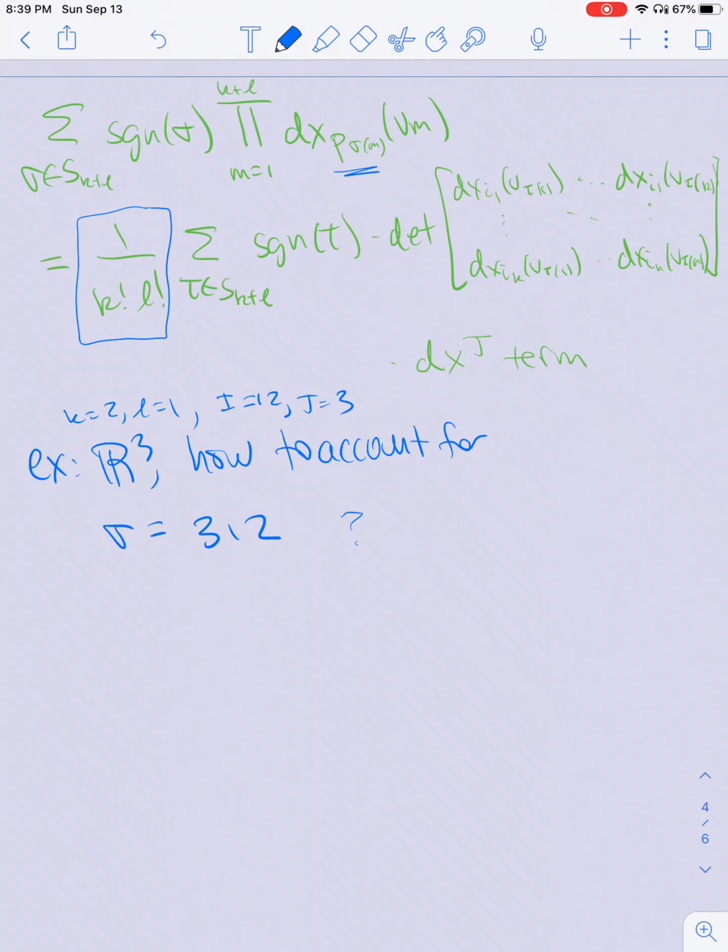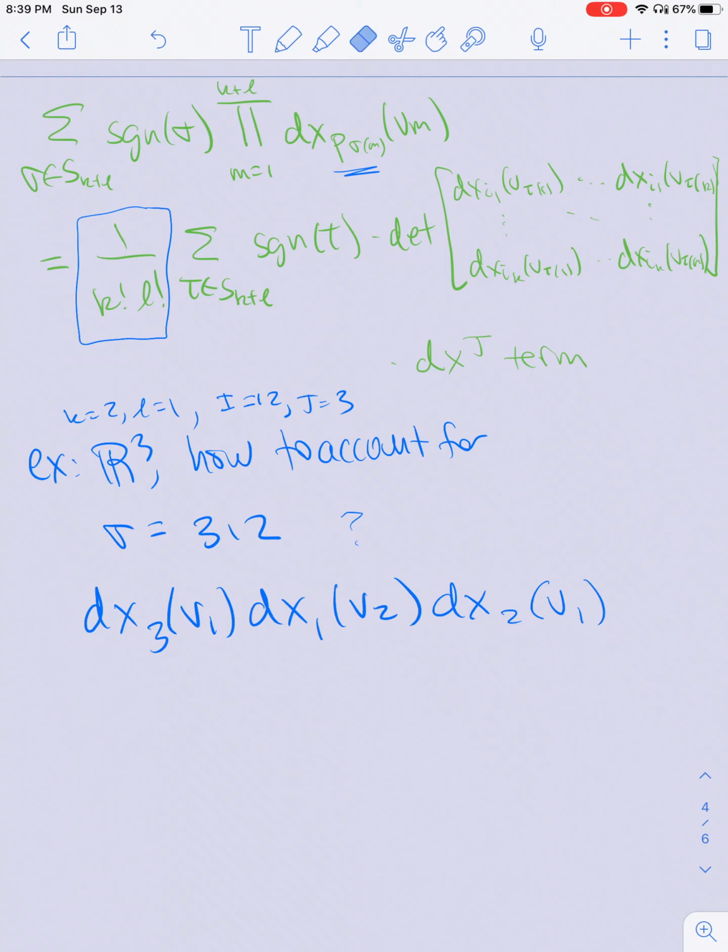So what I end up getting in my product is dx3 applied to v1, dx1 applied to v2, and dx2 applied to v1. And instead of using x1, x2, x3, let's just use normal x, y, z coordinates in this setting here.